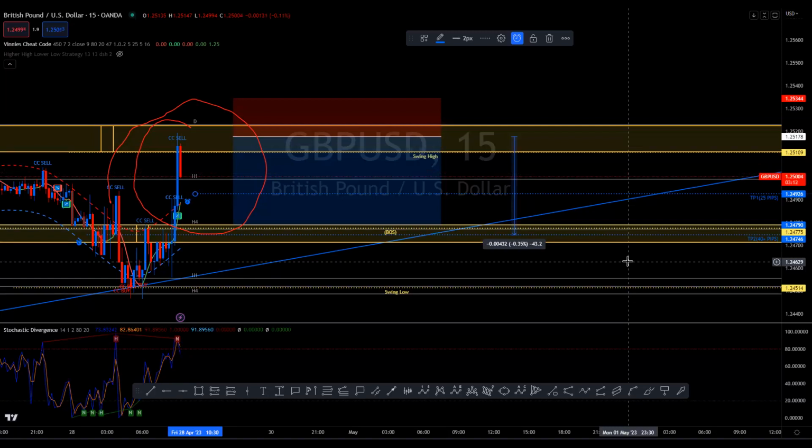We've got a little over 3 minutes before the 9:30 candle drops. Price might pull back a little bit as the next candle's trying to close. Let's see.